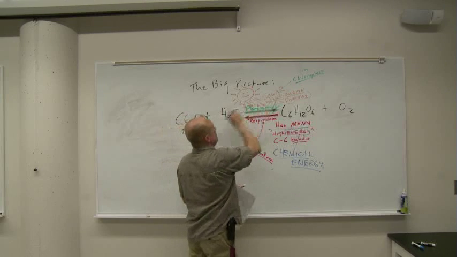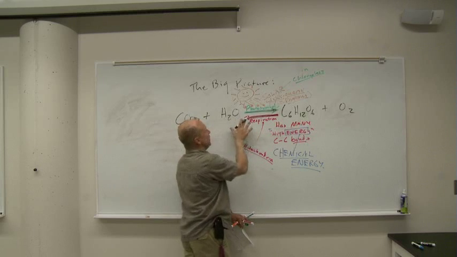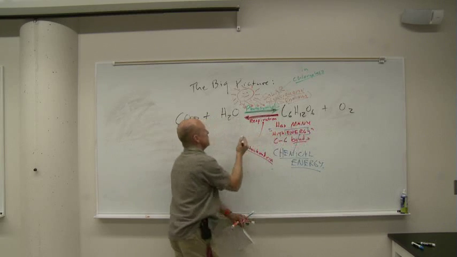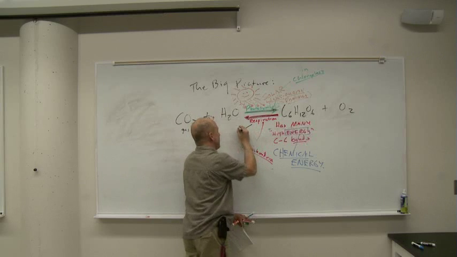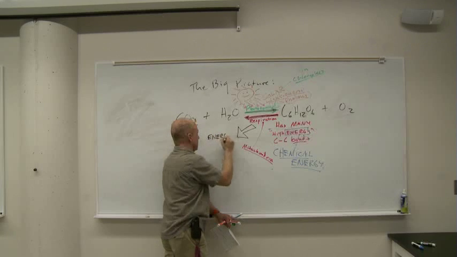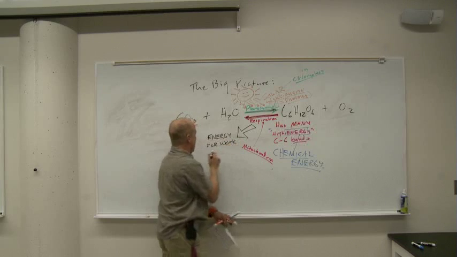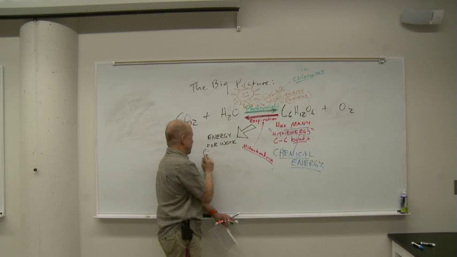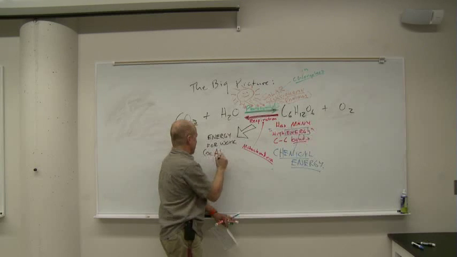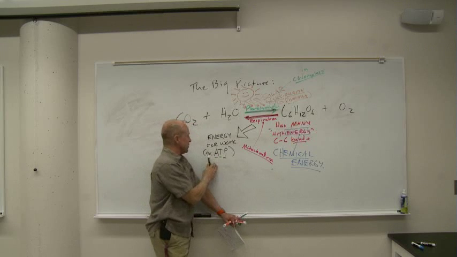So this energy is going this way. This energy, so we have energy being increased in the forms of covalent bonds. This thing is providing energy for work. And in general, this will be in ATP, which we will define carefully later in this lecture.